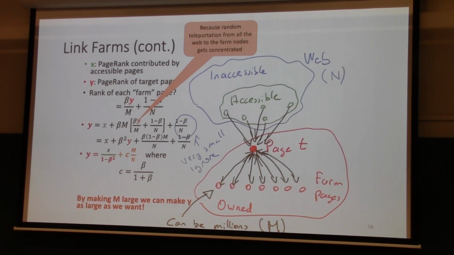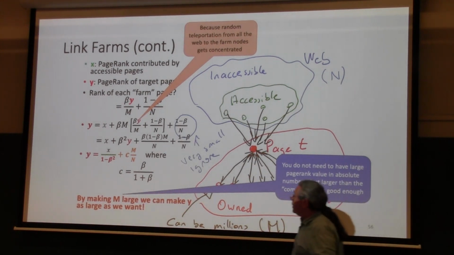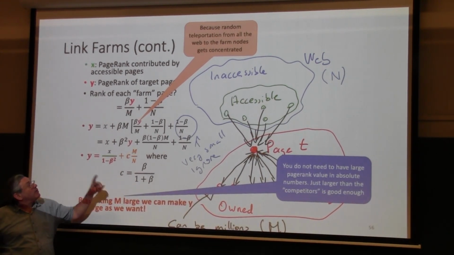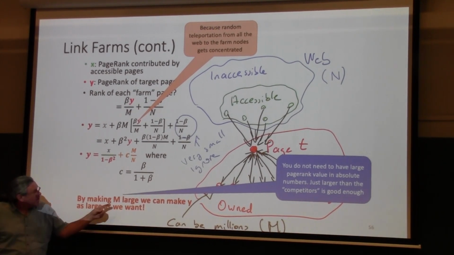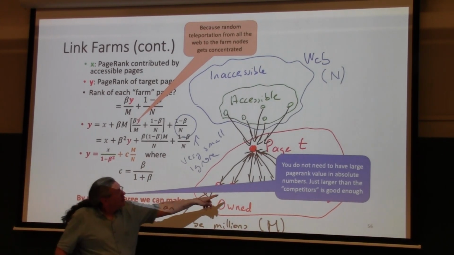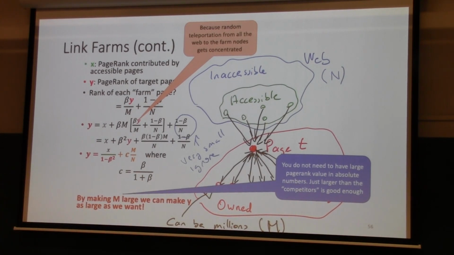Okay? And this is how the link farms work. Actually, you might say, yeah, but m is still going to be very small compared to n. This is true. But you don't have to have m be large compared to n. It just has to be larger than your competitors. If you're a shirt seller, as long as you get higher up than other shirt sellers, you're good.